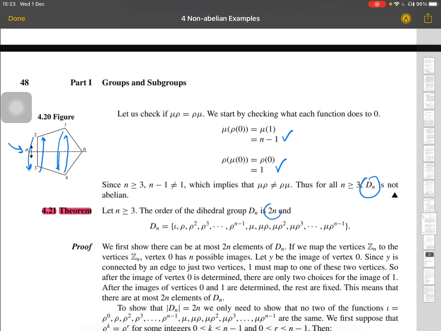It's always 2n. For the previous example, the pentagon D5, you're going to have 10 elements, meaning 10 permutations. If you look back at the triangle on top, that is D3, so D3 will have 6 elements.